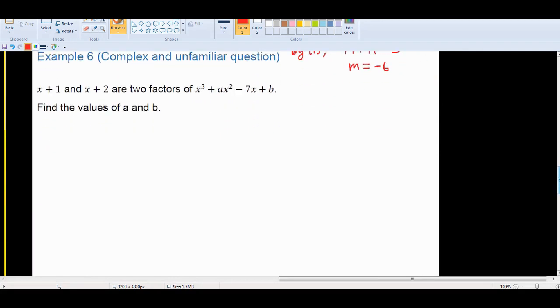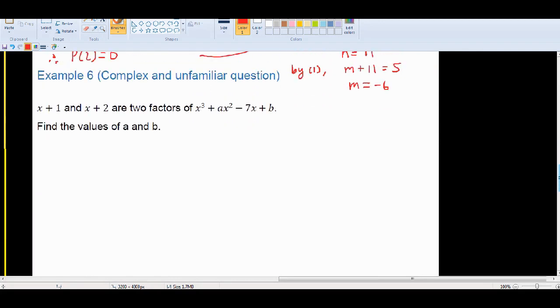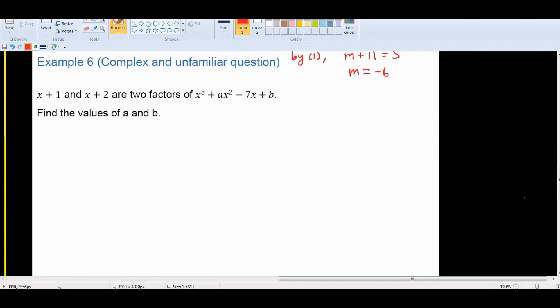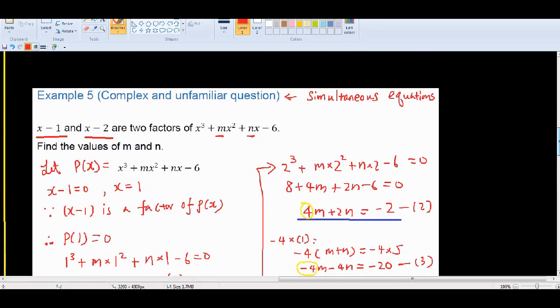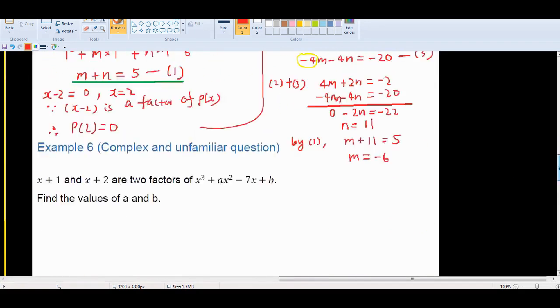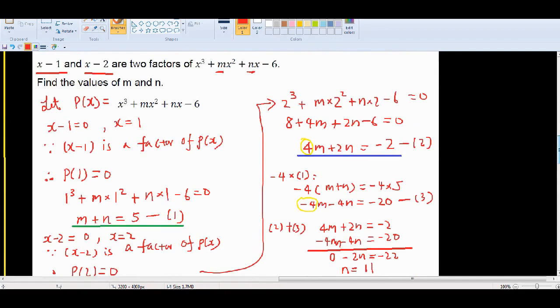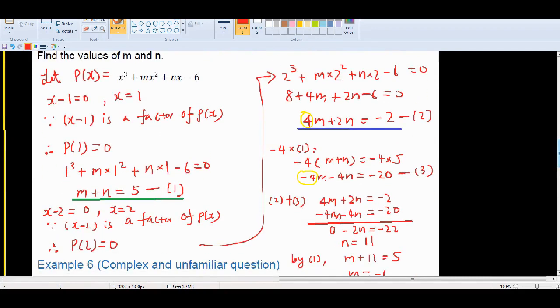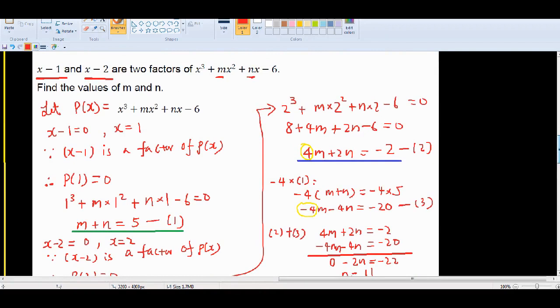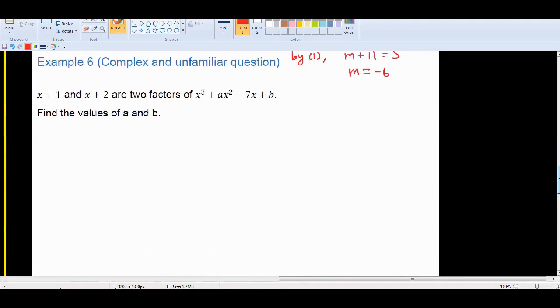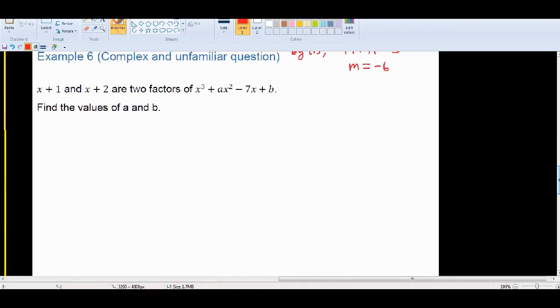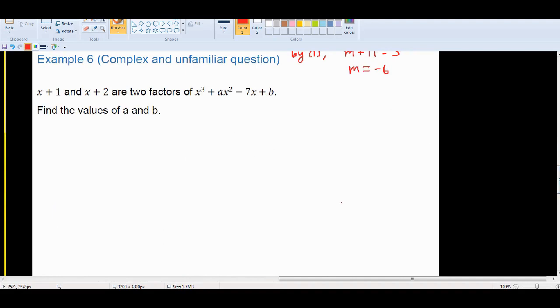So let's move on to our last question. This one will be very similar to our example 5. So I better give you some time. You possibly need to rewatch what I've done for example 5 at least once, and try to do example 6.